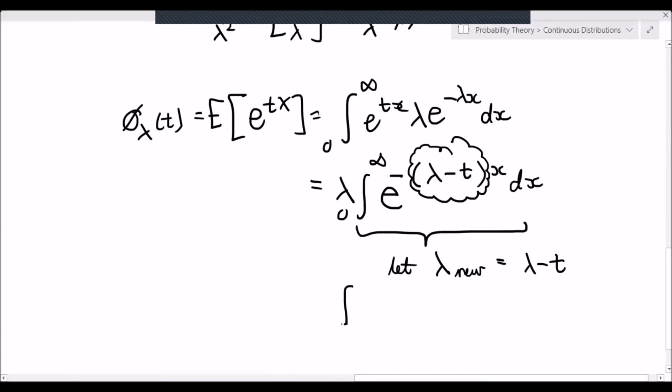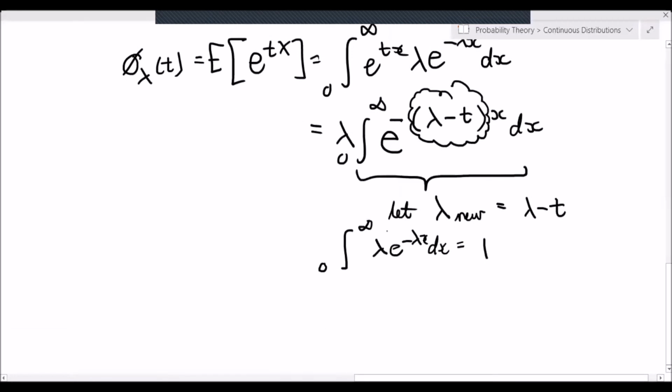Well, we know that the integral from 0 to infinity of lambda e to the negative lambda x dx is equal to 1. We have this part, but we need the lambda. So we're going to have to multiply by a lambda nu and divide by a lambda nu.